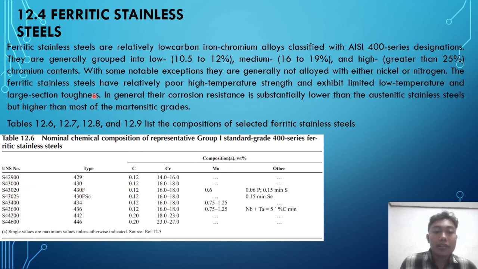The ferritic stainless steels have relatively poor high temperature strength and limited low temperature and weld section toughness. In general, their corrosion resistance is substantially lower than the austenitic stainless steels, but higher than most of the martensitic grades. Tables 12.6, 12.7, 12.8, and 12.9 list the composition and selection of ferritic stainless steel.